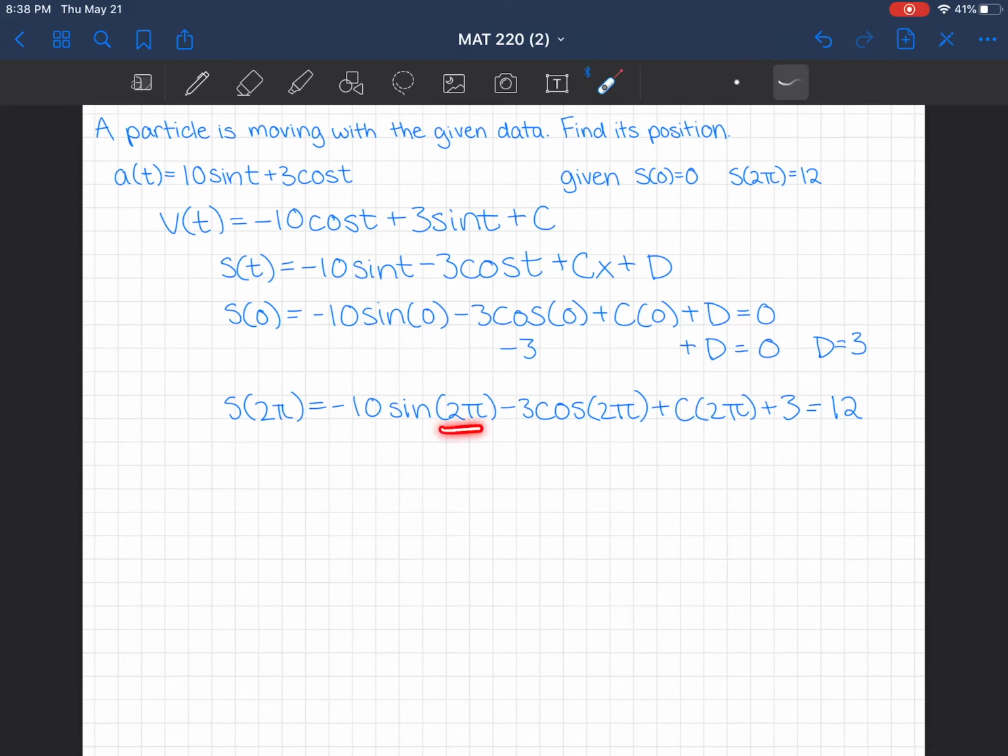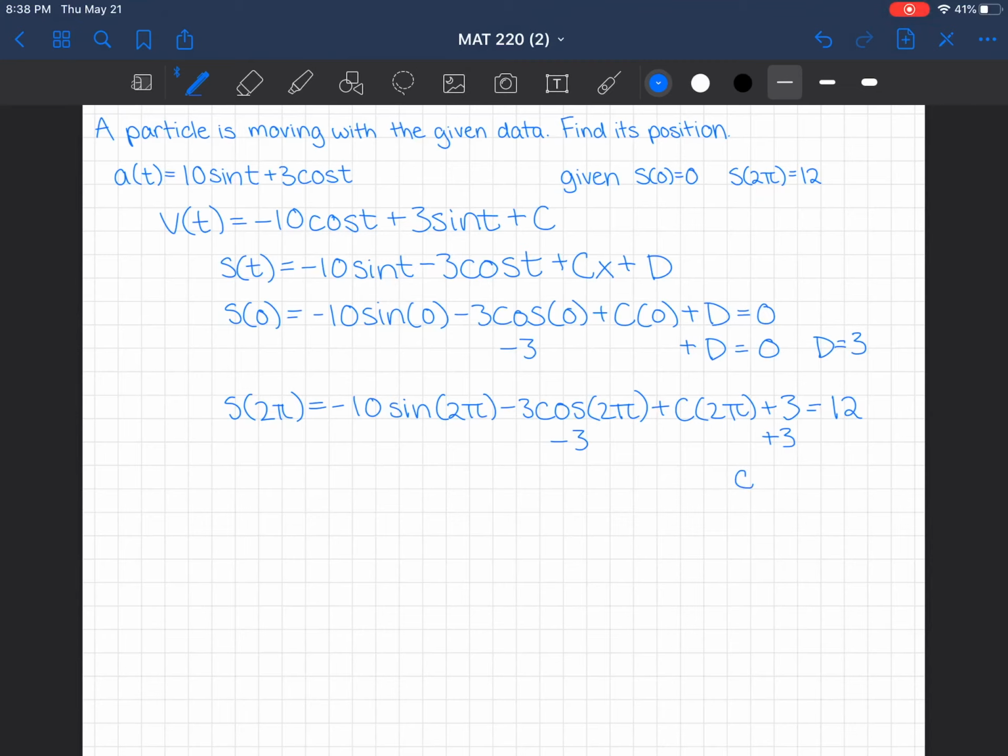And 2 pi is actually going to give us the same values for our sine and cosine as it did for 0. So 0 times the negative 10 is just going to end up still being 0. Over here, we'll still have the negative 3, but this time we do have a positive 3, so those 3's are going to end up canceling each other out.